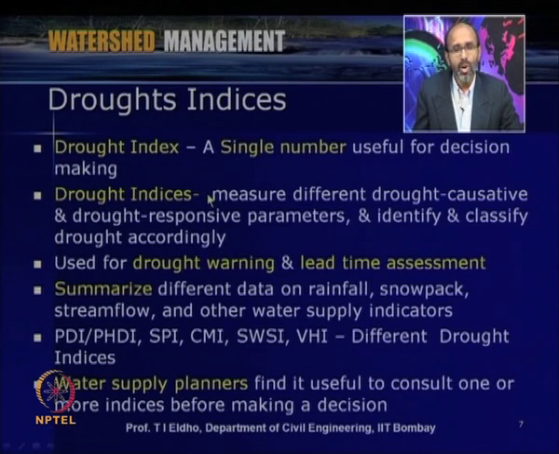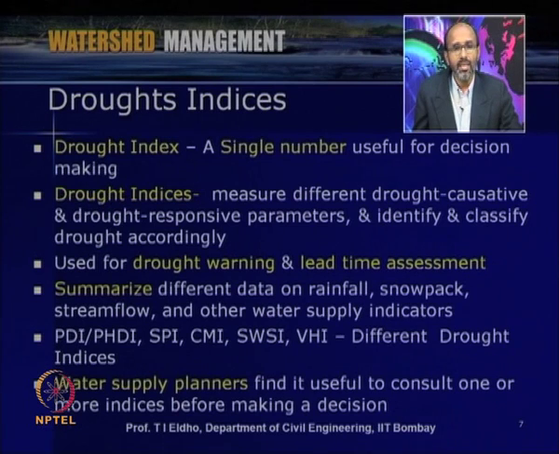We are trying to quantify these in terms of some numbers, and accordingly we can say whether the drought is severe or moderate, and we can identify and classify the drought.